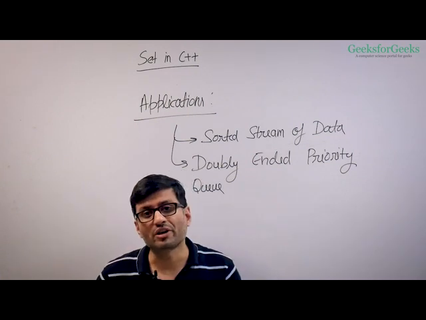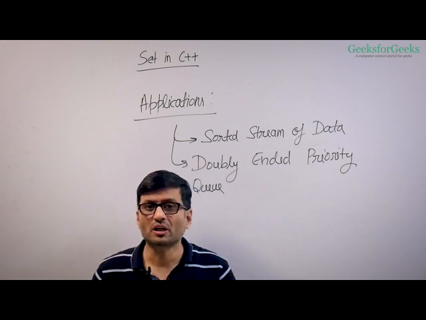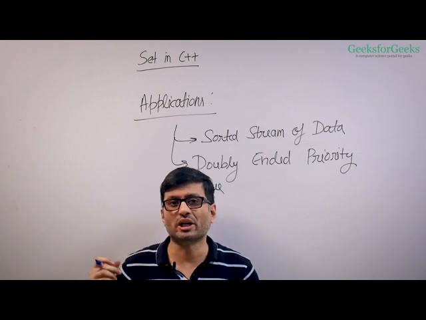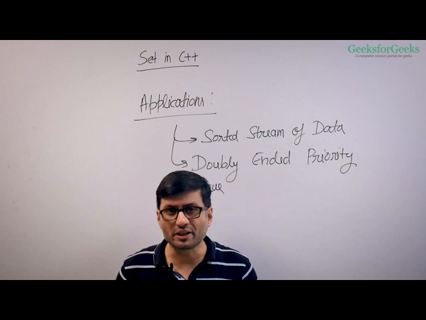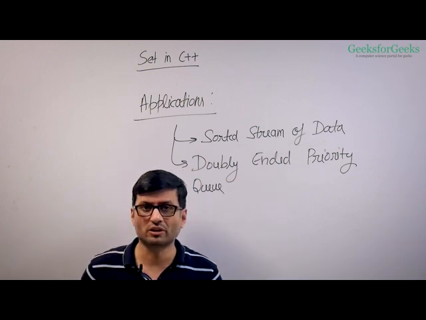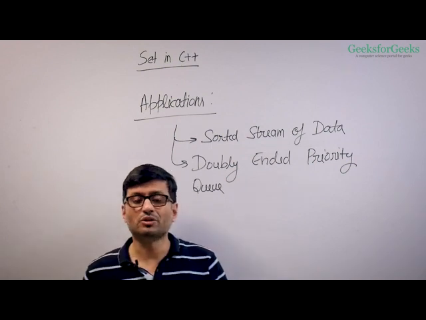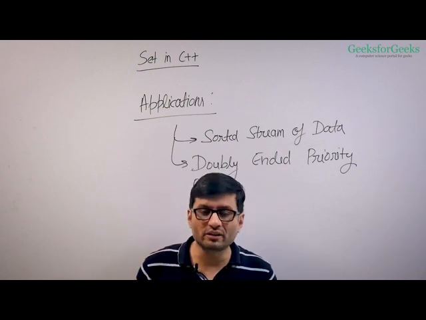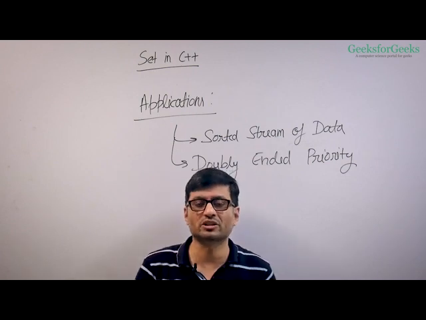Let us now talk about the next application. The next application is a doubly ended priority queue. With a normal priority queue, you can either make a priority queue that implements max heap, or you can make a priority queue that implements min heap. But if you want to implement a priority queue where you want both the maximum item and the minimum item in big O of one time, you can use a set, because if you do s.begin, you will get the minimum item if your set contains elements in increasing order.